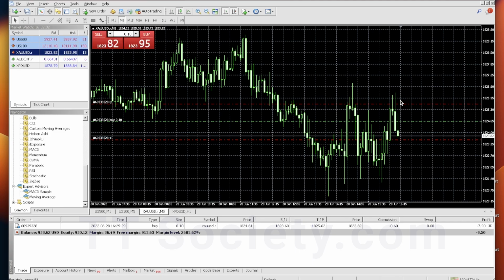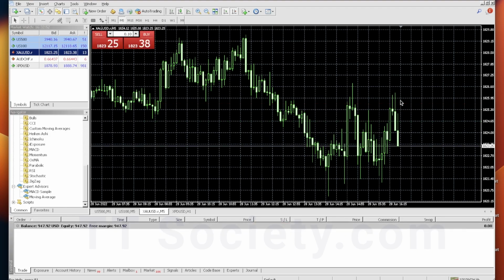So another second or two. Let's see what happens. We're going to pause it and see in a second. Here we go, and we are stopped out. Guys, great example in understanding why to use a stop loss.